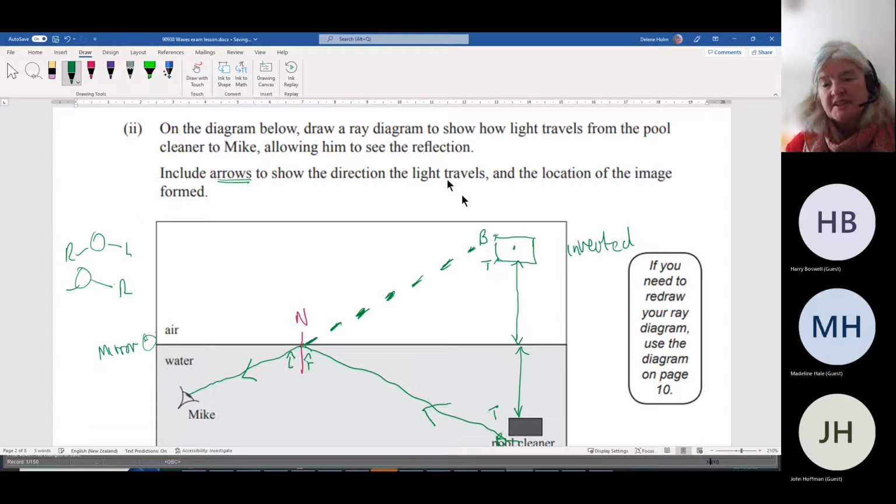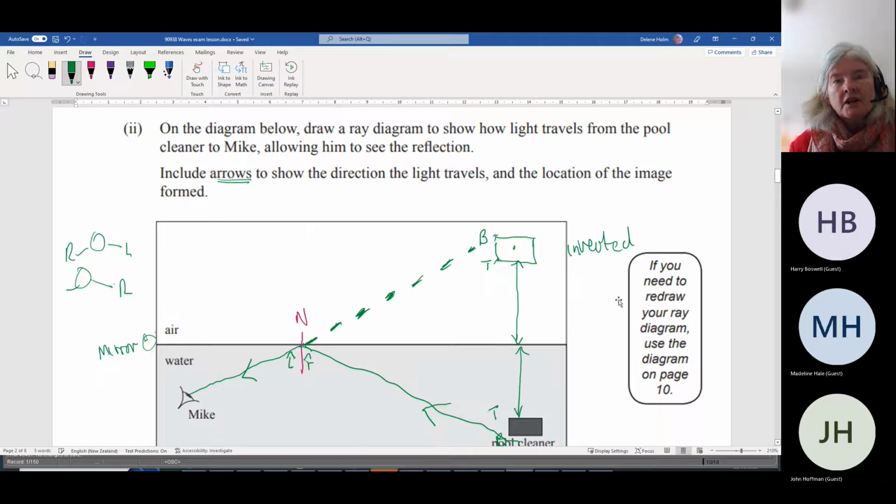So what's the opposite of the dashed line? A solid line. So can you see I've got a solid line for this bit, because that's a real light ray, and I've got a dashed line for a phantom light ray, something that's not there. So the purpose of having it solid and dashed is just to show what is real light and what is not real.